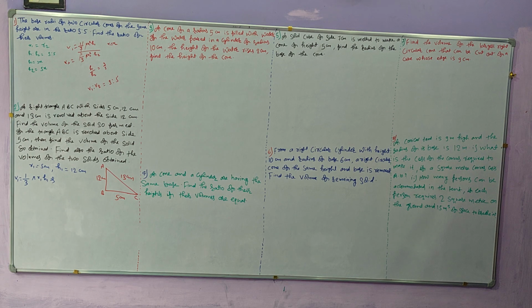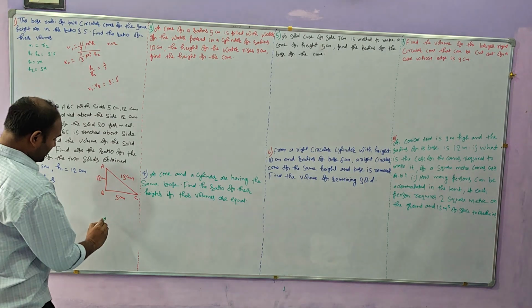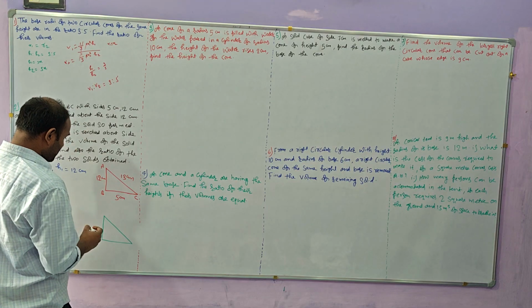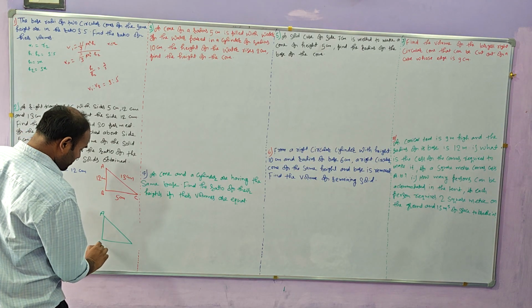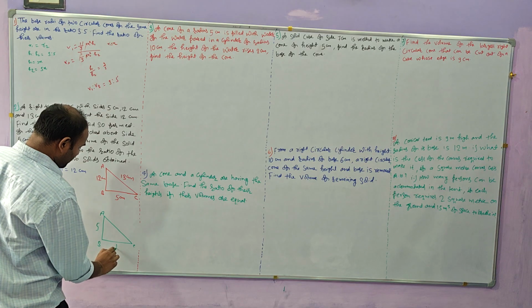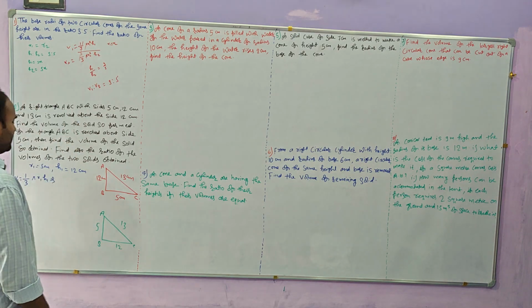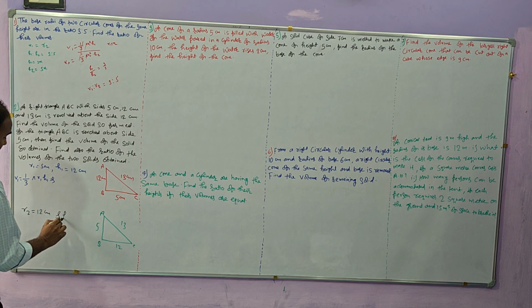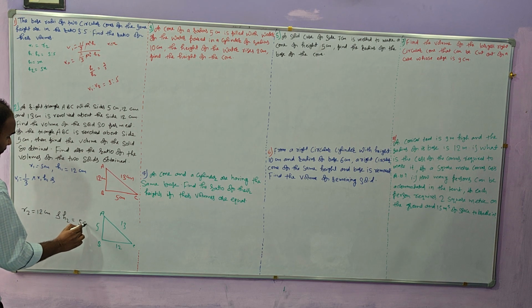If the triangle ABC is revolved about the side 5 centimeter, now in this view, in V2, we have R2 is equal to 12 centimeter and H2 is equal to 5 centimeters.